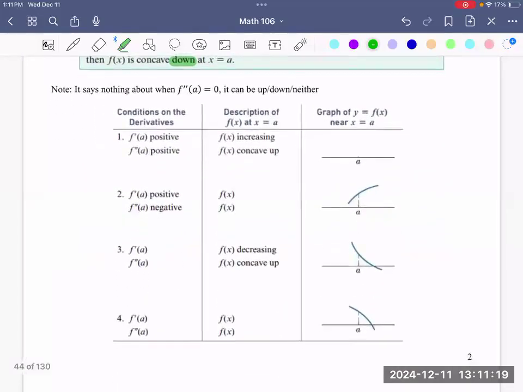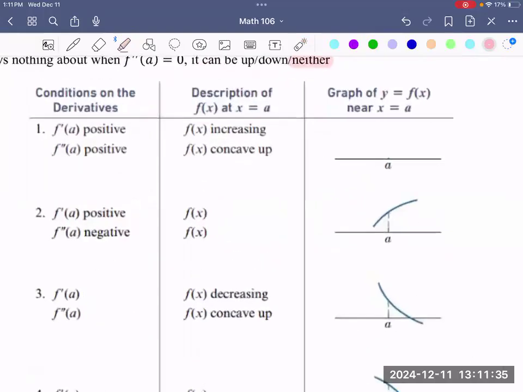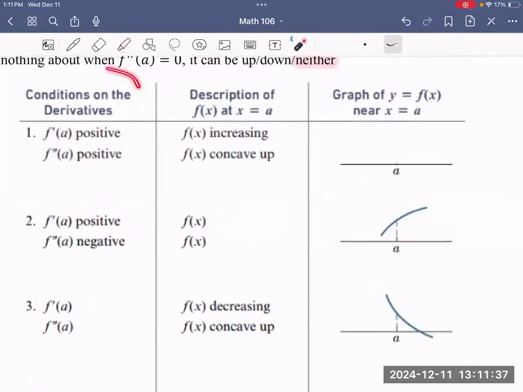So now let's say we have some of these. It says nothing so far about when your second derivative is 0. It can be up, down, or neither. So let's take a look at these series as a condition of your derivatives.